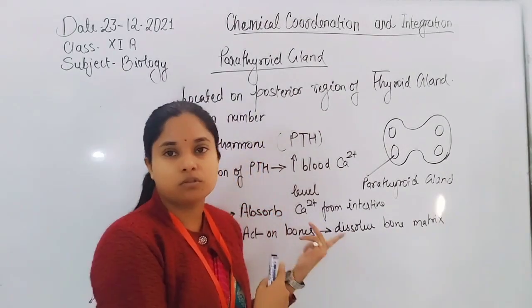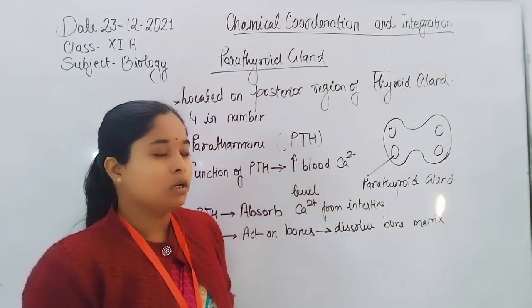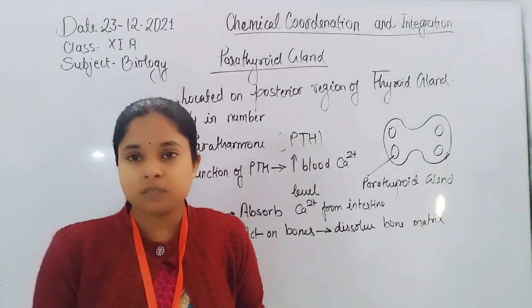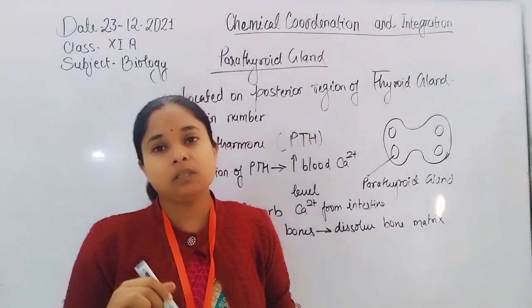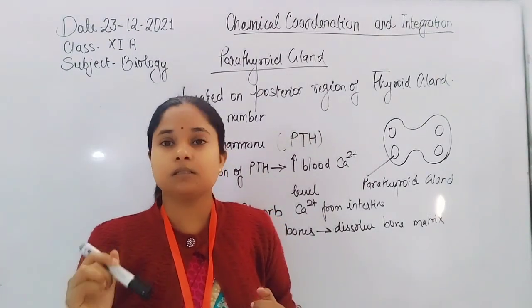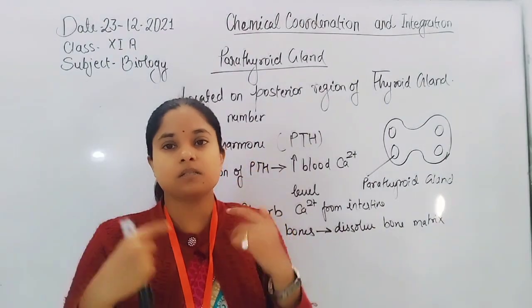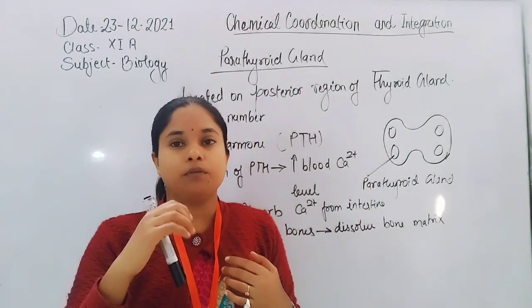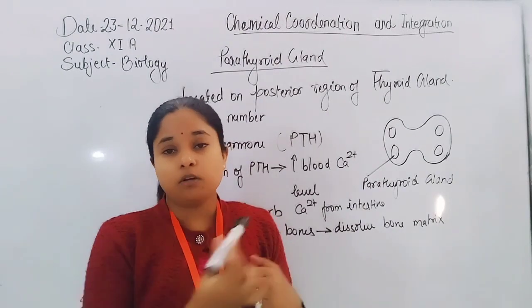If I am speaking or moving my hand, calcium is needed for the contraction of my jaw muscles, and for the contraction and relaxation of my fingers so that I can write on the board.